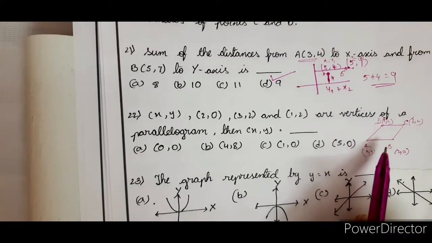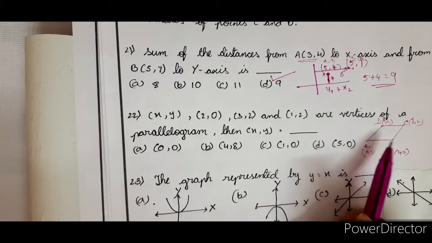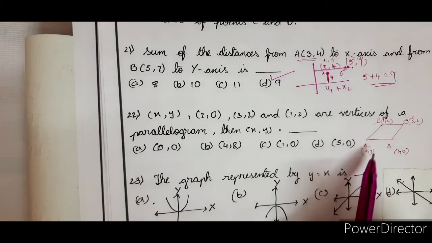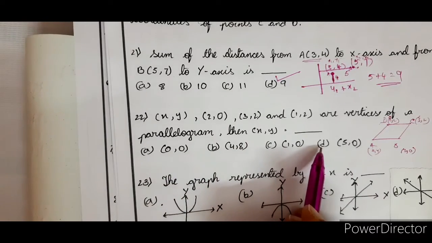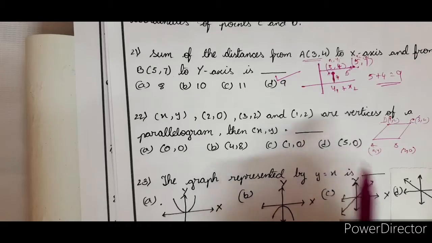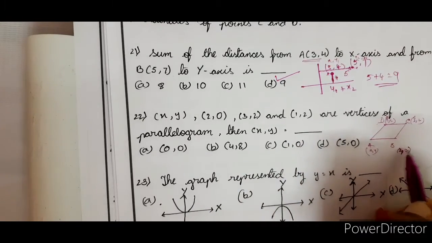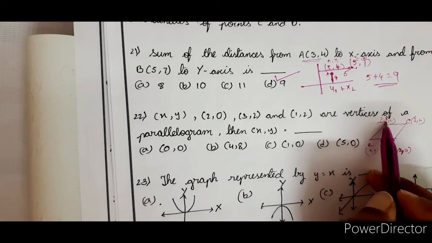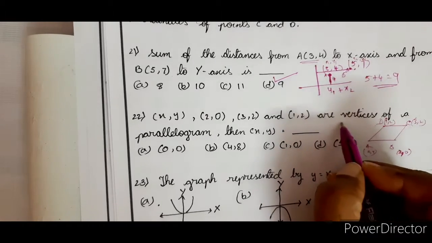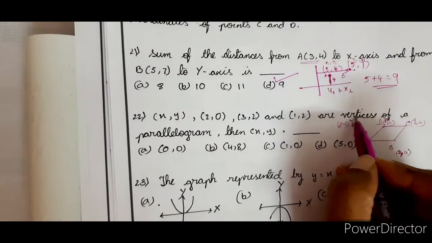If that is a 4-mark question, you have to solve it like linear equations in two variables. But here options are given, so let us not waste our time. Let us see for which particular point you will get that value as that of DC. So what is DC? (3 - 1) whole square, that is 2 squared, is 4. So I will write it here, (3 - 1) whole square plus (2 - 2), which is 0.